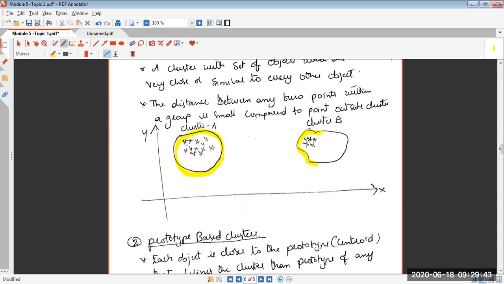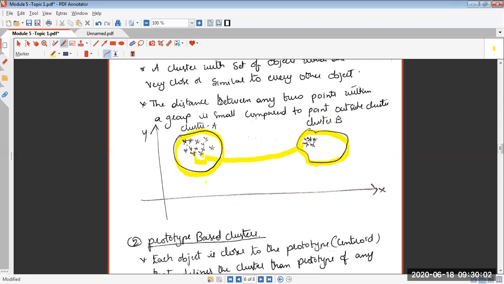What was the essence of the second point that I was explaining? Objects in cluster A, for example this asterisk and this asterisk, are closely related to one another compared to an object in a different cluster.